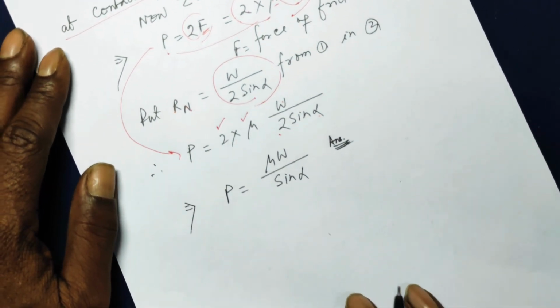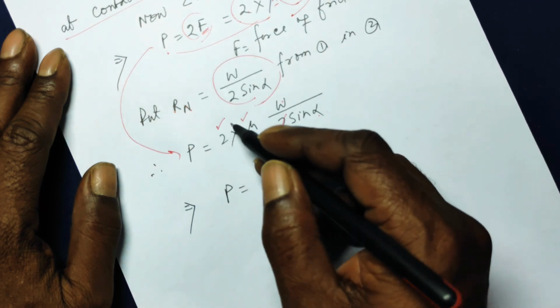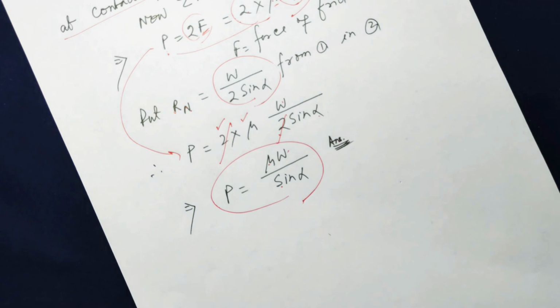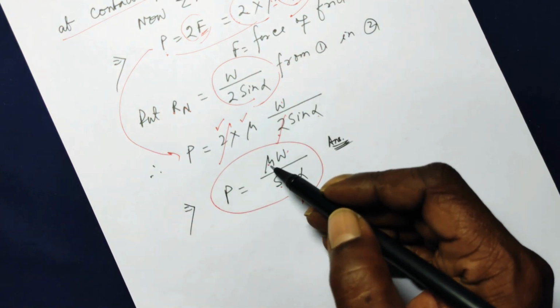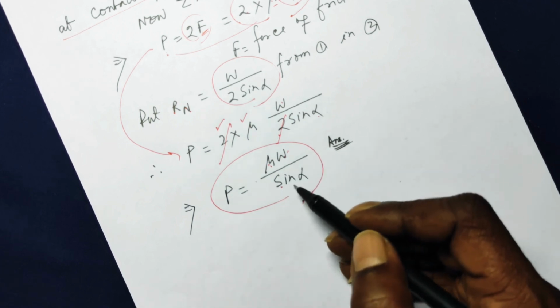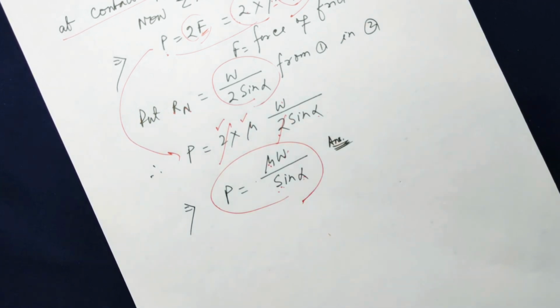So the 2 cancels. So mu W over sine alpha is the pulling force when it is just about to move. The value of the pulling force is equal to the coefficient of friction times the weight of the cylinder over sine of the angle alpha.